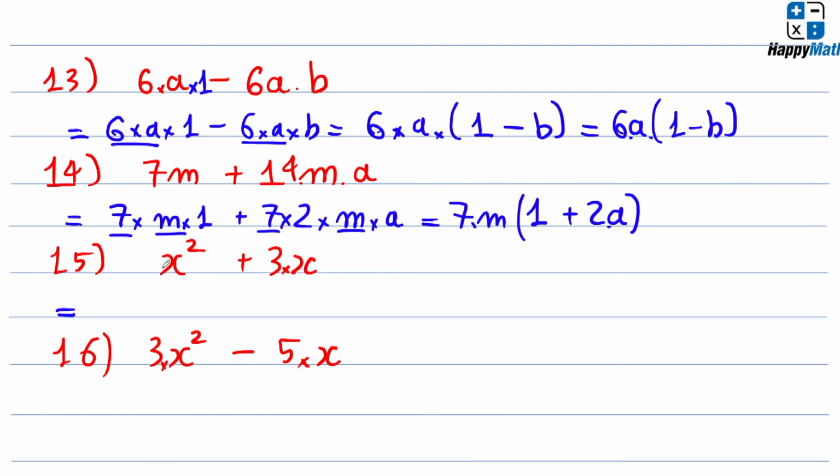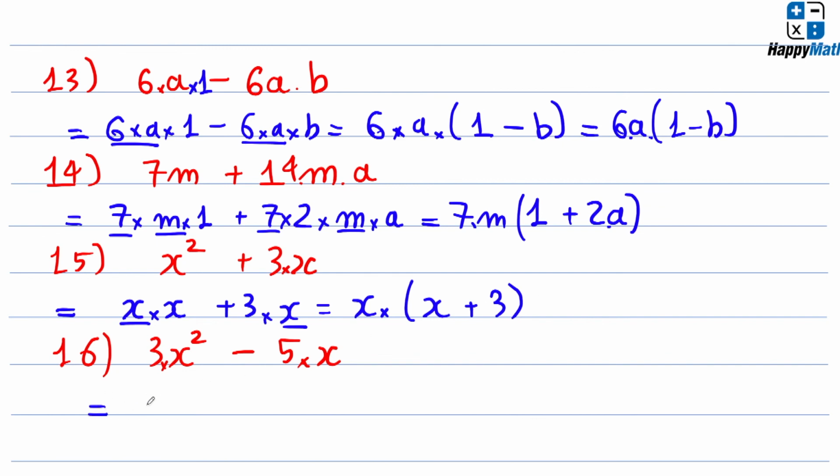Almost done. x squared and 3 multiply x. What does x squared mean? x squared means x multiply x. The second term is 3 multiply x in here. I take x outside. The common factor is x, and I take it outside. What is left of the first term is x. And the second term, taking x outside, I don't want to rewrite x anymore, plus 3. That's all.